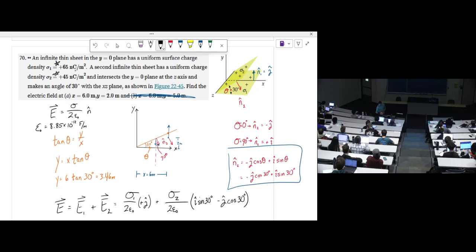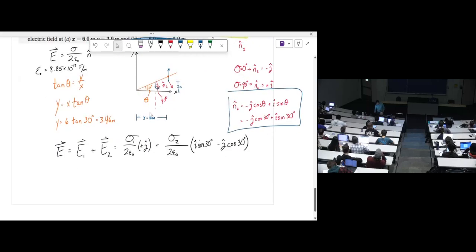So if we convert this to coulombs per meter squared, multiplying by a factor of 10 to the minus 9, what you end up getting when you add all of this together, remembering that we can only add j components to j components, or I components to I components, but there's no I component in the first term, is 1.27 times 10 to the 3 newtons per coulomb in I hat plus 1.47 times 10 to the 3 newtons per coulomb j hat.